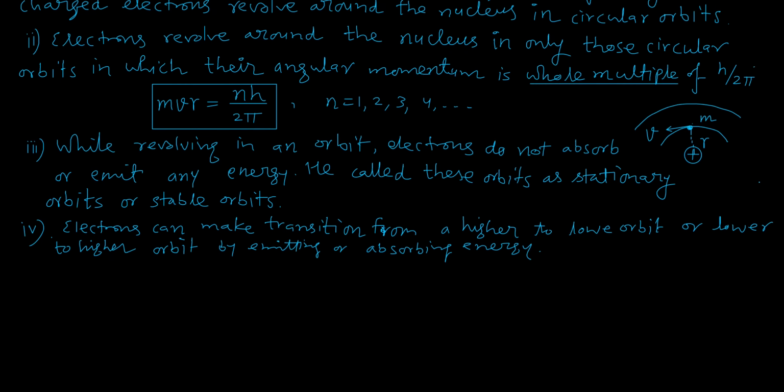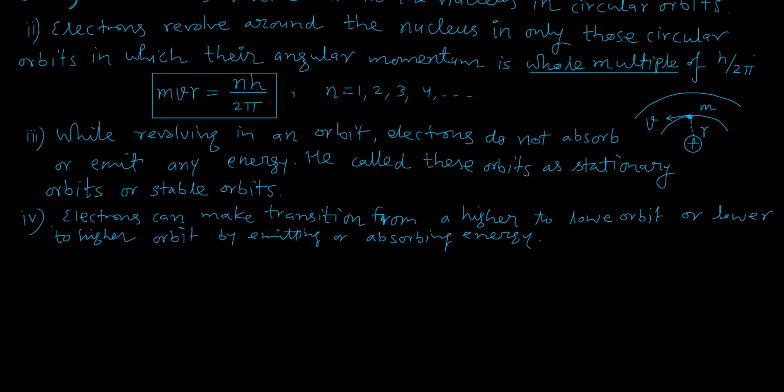So suppose in this picture, I will add more space here. So I will add a picture. Suppose this is the nucleus of the atom, and there are two orbits around this nucleus. Suppose this is the lower orbit n1, and this is the higher energy orbit n2. So the farther away from the nucleus the orbit is, the more will be its energy.